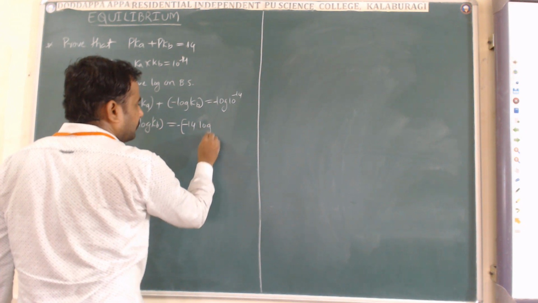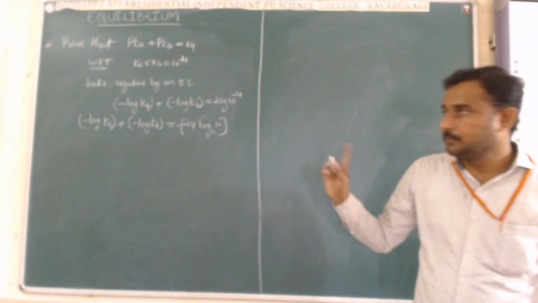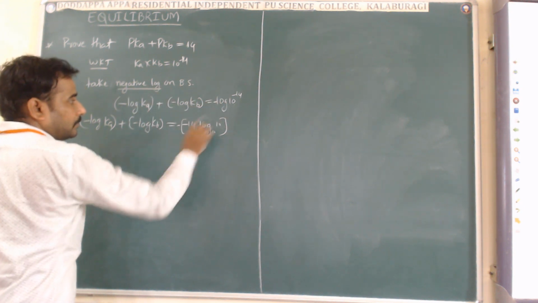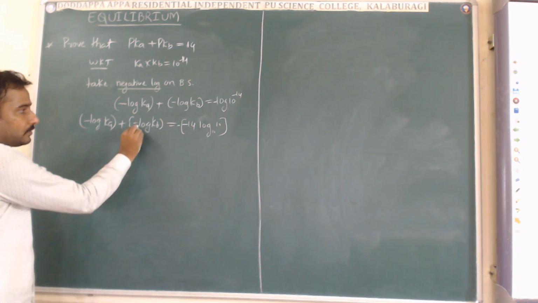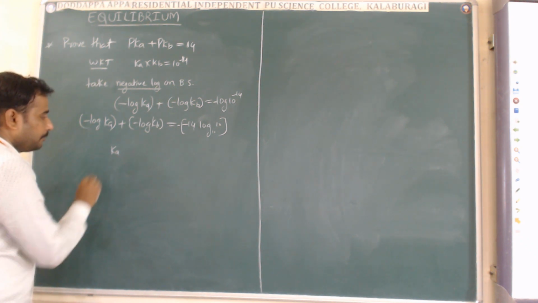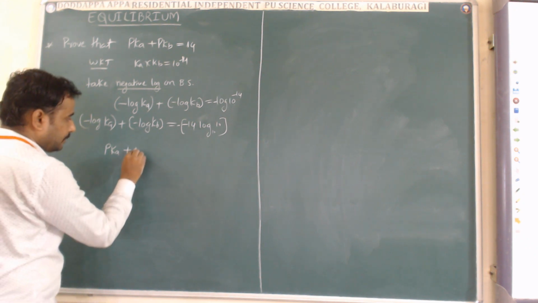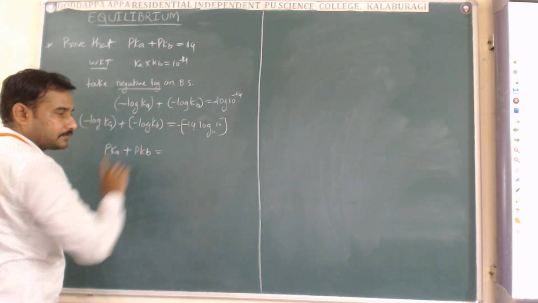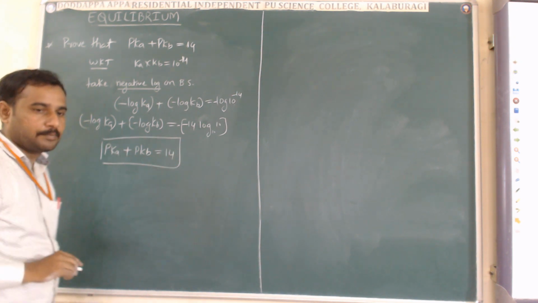The log of 10 to the base 10 is 1, so 1 into minus 14 is minus 14, and minus 14 into the outer minus becomes plus 14. Then, negative logarithm of Ka is pKa and negative logarithm of Kb is pKb, as we have already seen in this class. So pKa plus pKb is equal to 14. Thus we have proved that pKa plus pKb is equal to 14 here.